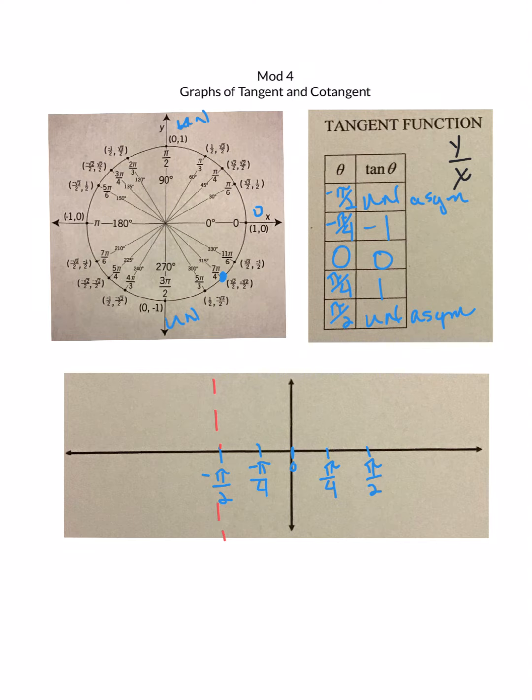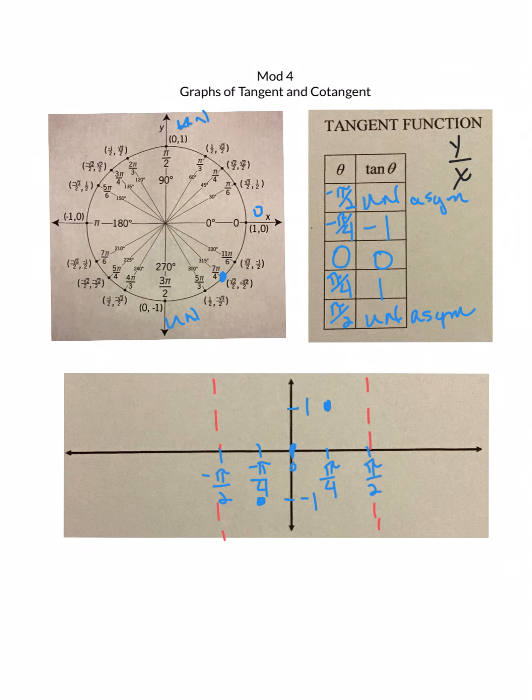And again, at positive pi over 2, you have an asymptote. The other values that showed up in our table were 1 and negative 1. So we'll put those on the y-axis, the vertical axis. At negative pi over 4, our value was negative 1. At 0, it's 0. And at positive pi over 4, it is positive 1.